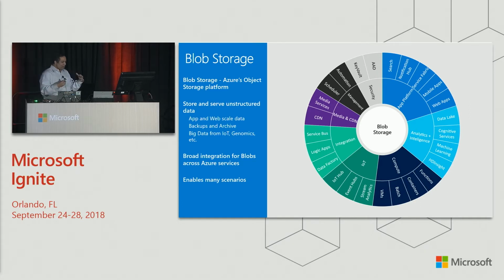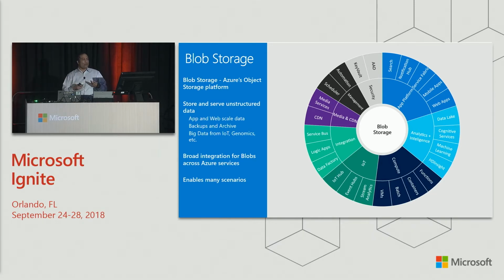So the other piece about blob storage that's interesting is the integration with all of the services. And that's what this nice little pretty wheel is saying, that there are integration points. Now, there are the obvious integration points like Azure Data Factory and things like that. You're using blob storage as a waystation for ETL of your data. Data lands there first, gets computed over, aggregated, and then pushed into a data warehouse.